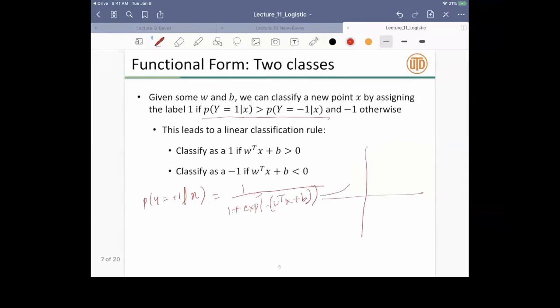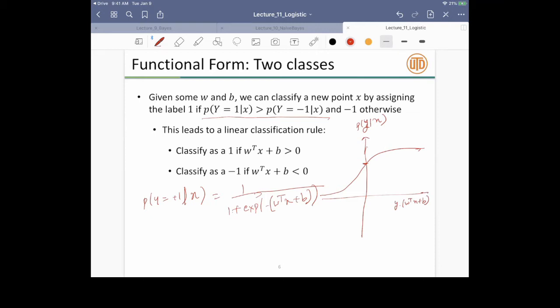This probability is half, by the way, when w transpose x plus b is equal to 0. So this is the P of y given x, and this is y multiplied by w transpose x plus b on this term.